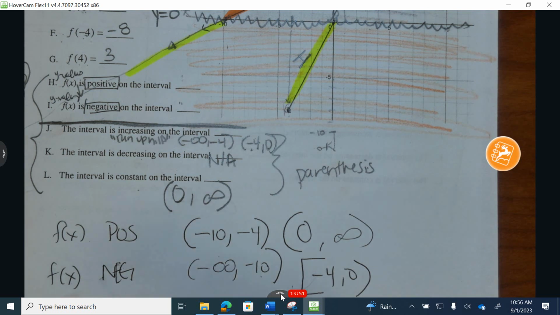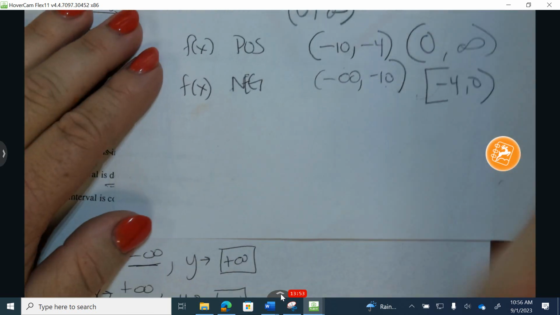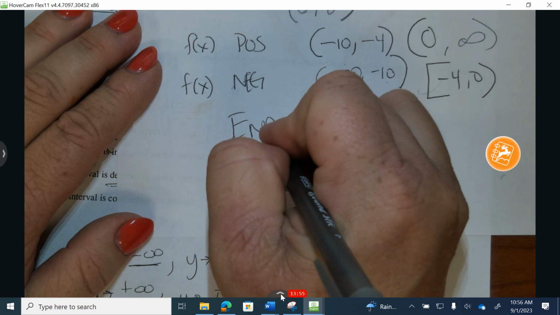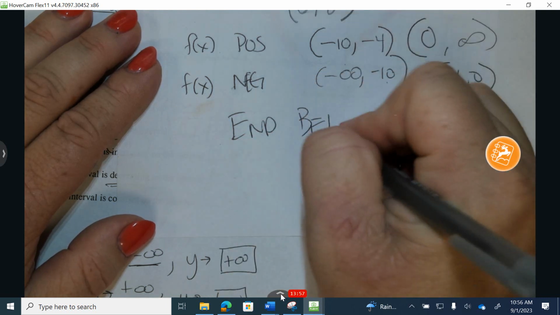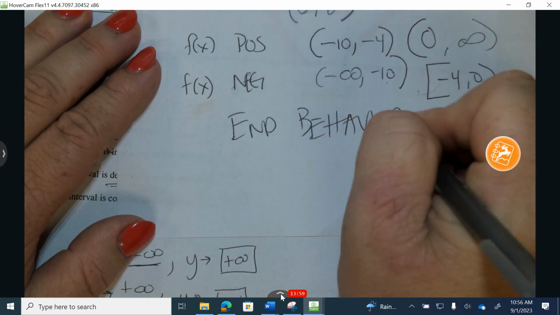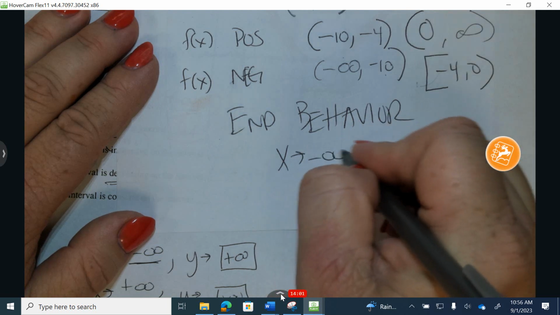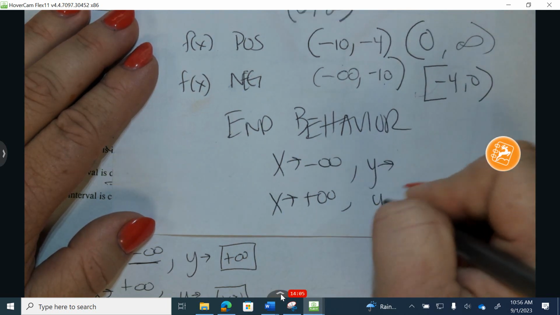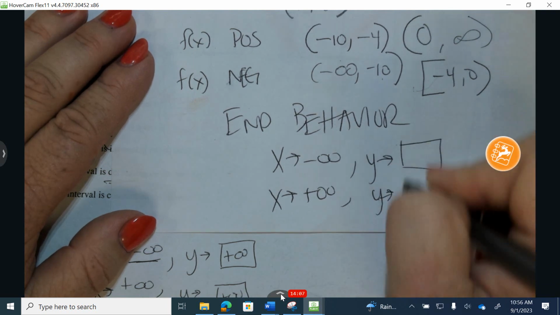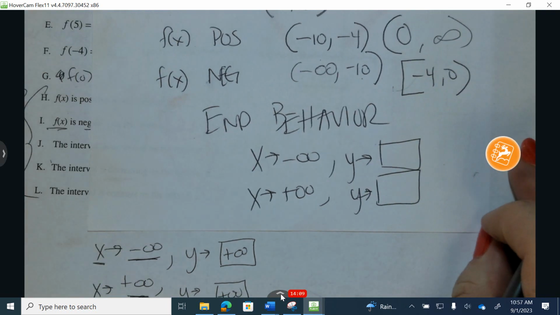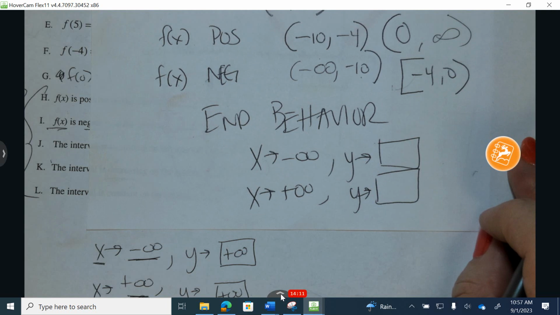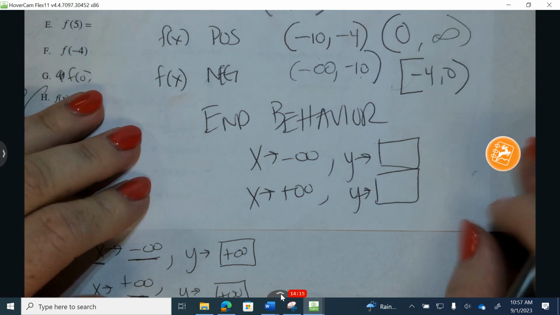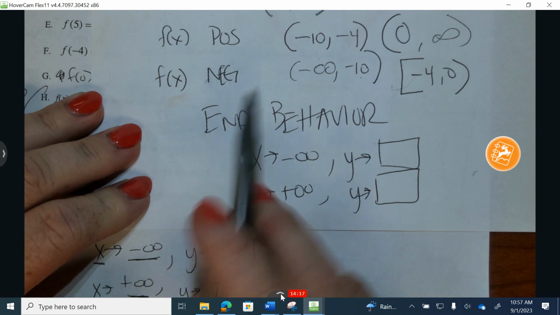Go down below, please, and please write the words end behavior. This is simpler than you think.